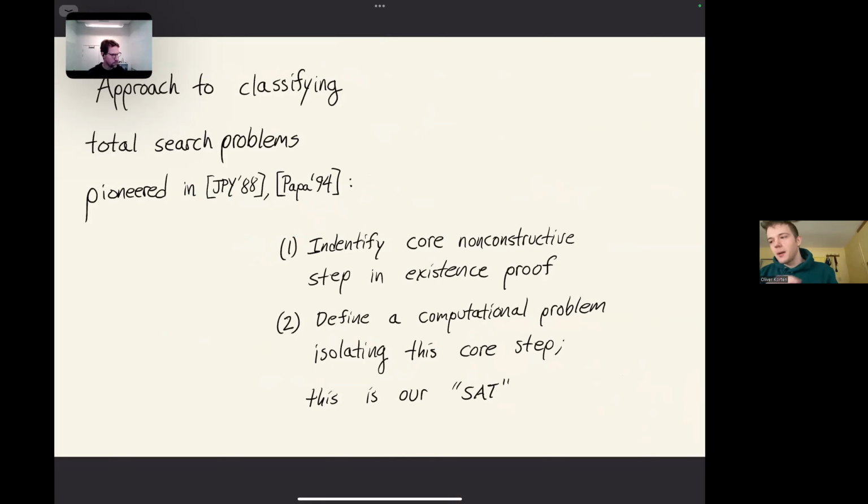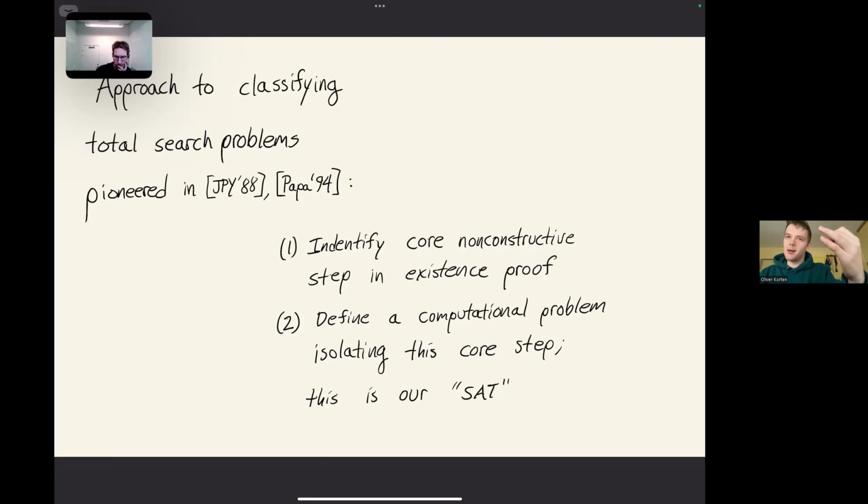An approach to how we should classify total search problems was initiated mainly by this paper by Papadimitriou from '94, and also an earlier one with Yannakakis and Johnson, where the idea is, if we have this class of problems that are all total search problems and we want to identify a complete problem within this class, a good candidate is to look at the actual non-constructive proof that shows that these problems are total.